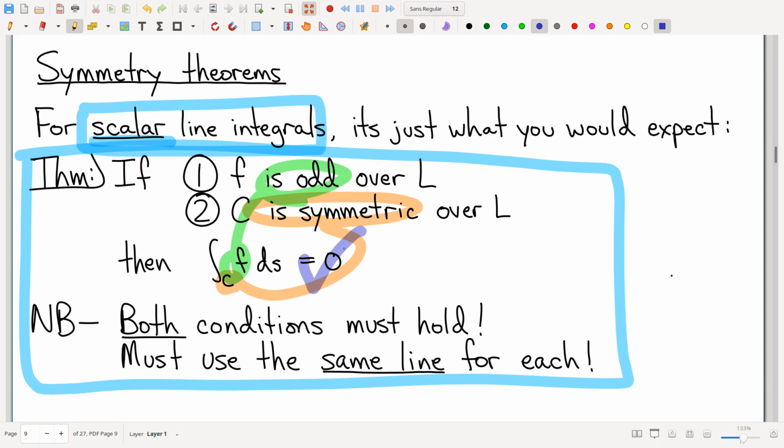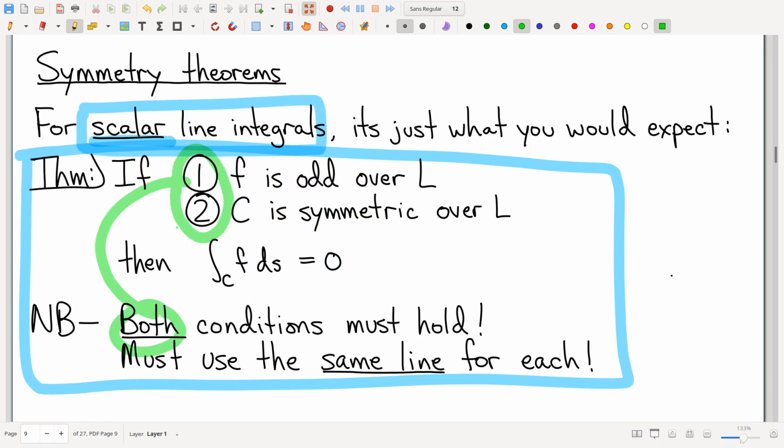And just as we saw in several other versions of this kind of thing, you've got to have both conditions. One of the two is not enough. You need both the oddness of the integrand and the symmetry of the domain. They're both really important. And secondly, you've got to be using the same line for both of those symmetries.